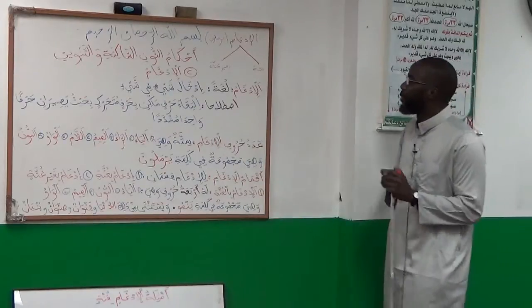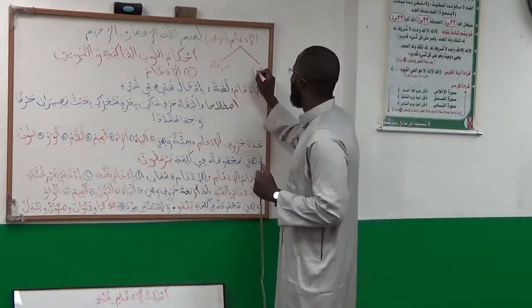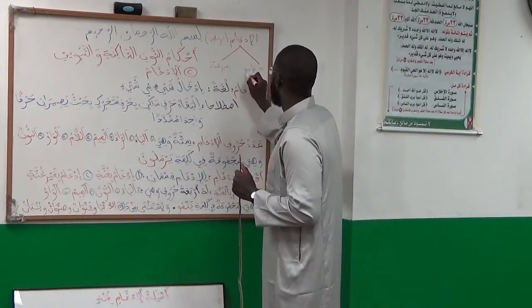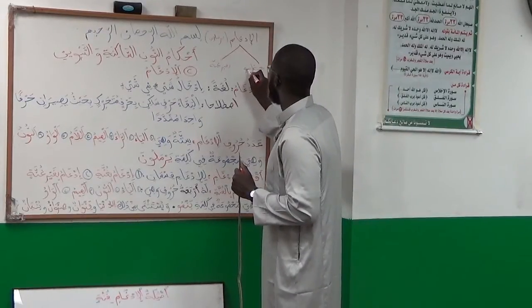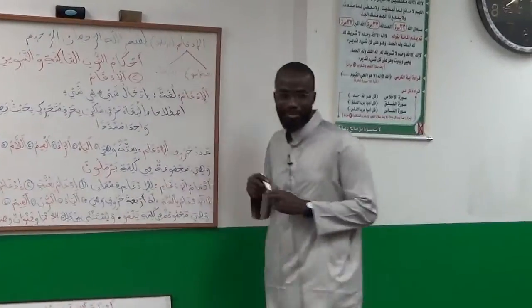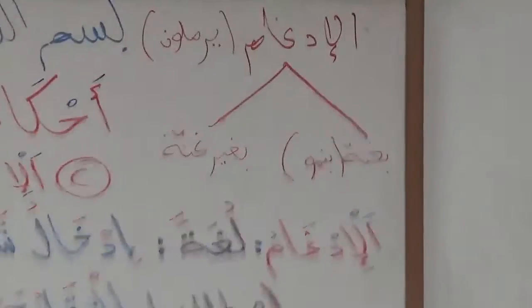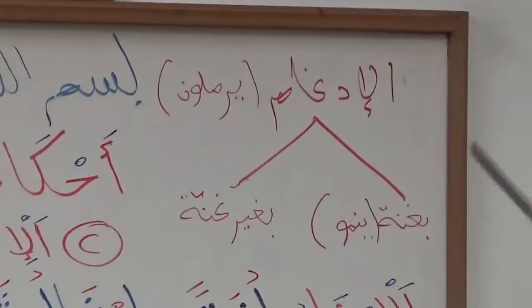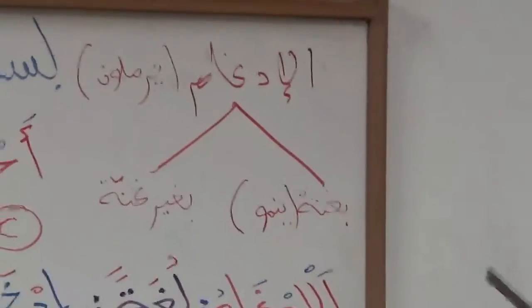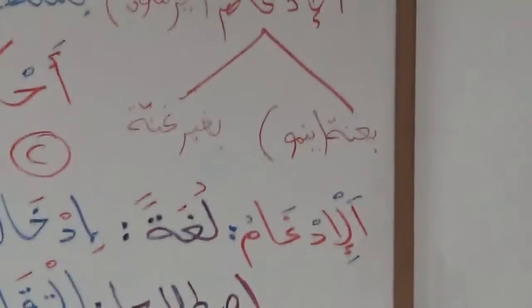So we have yarmaluna here, and now we have yanmu. So now we have 2 words. Yarmaluna are the letters of al-idgham. Yanmu are the letters of.